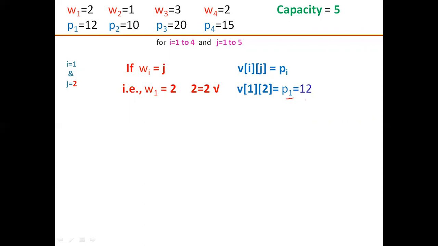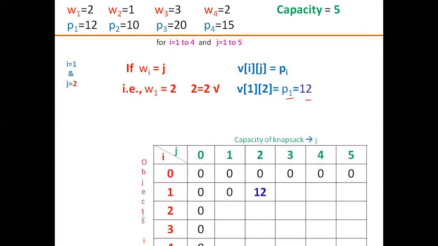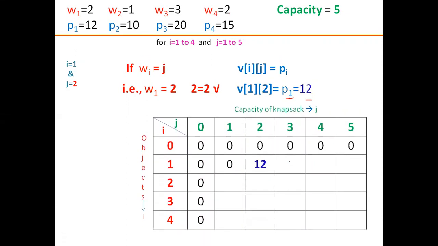P1 is 12. So here I got some new profit, 12. Now I need to check whether this 12 is greater than the previous profit. The previous profit is 0. Current profit is 12. As 12 is greater, I can keep 12 here.